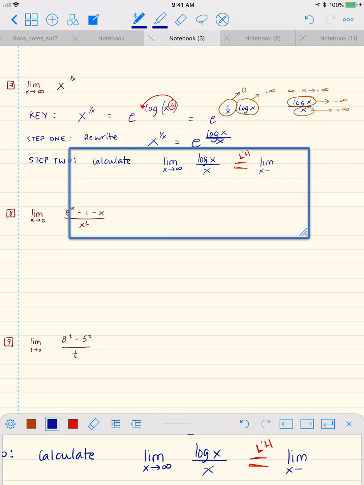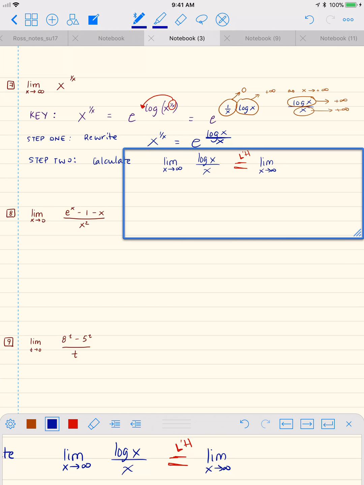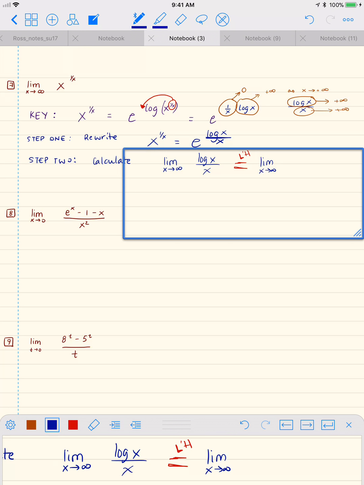Now why can we use L'Hopital's rule? Perhaps I went over that a little too quickly. As x goes to infinity, the denominator is going to go to plus infinity, and the numerator is going to go to plus infinity. So we have the indeterminate form of infinity over infinity, which is what we need.